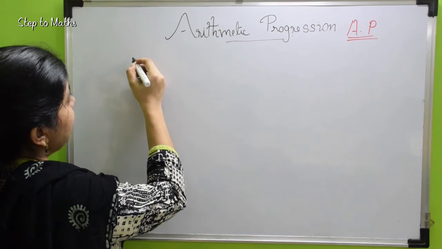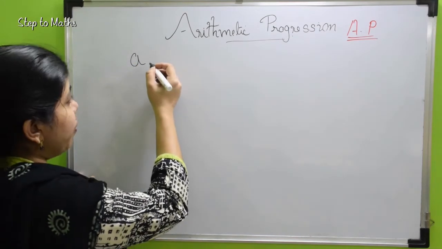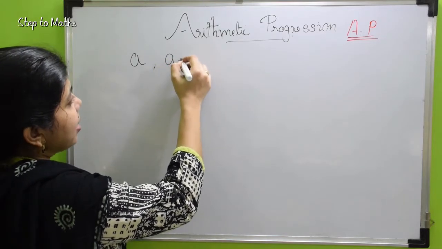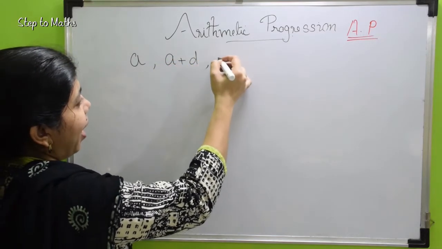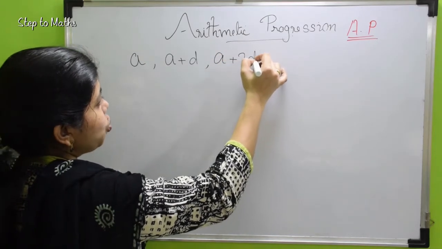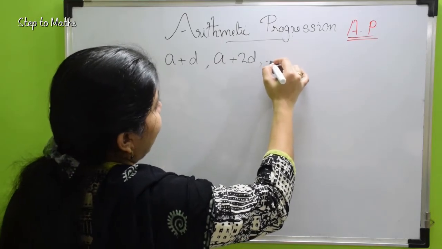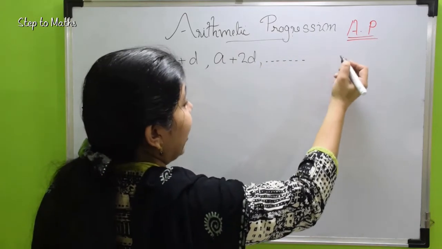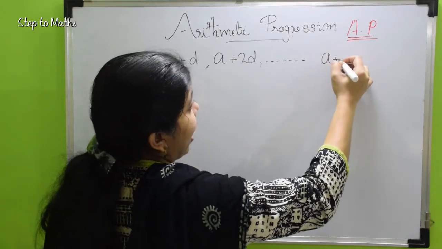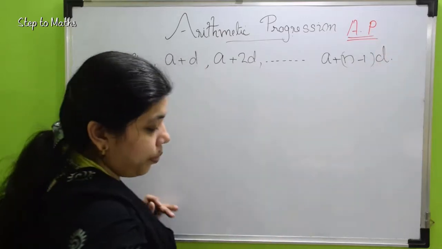Generally, we can represent an arithmetic progression with first term a and common difference d as: a, and second term is a plus d, and third term is a plus 2d, etc. The nth term of an AP is a plus n minus 1 into d.